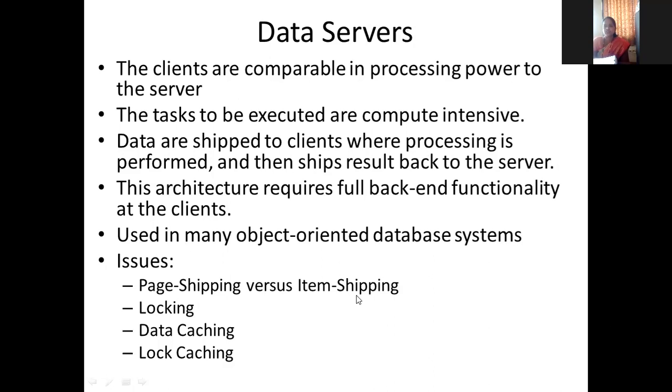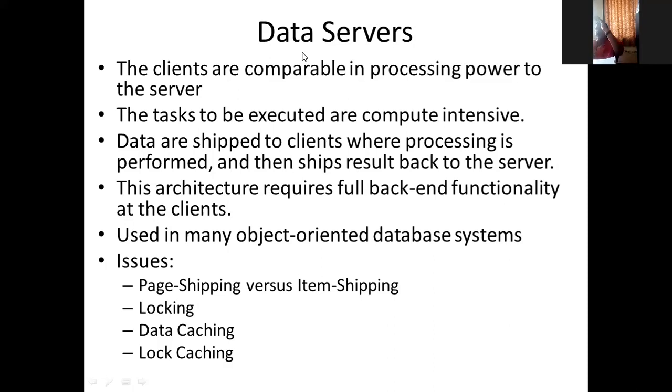The first issue is page shipping. What does it say? If I am shipping a collection of records, then it is called a page. The entire page consists of what? A collection of records, a collection of tables.